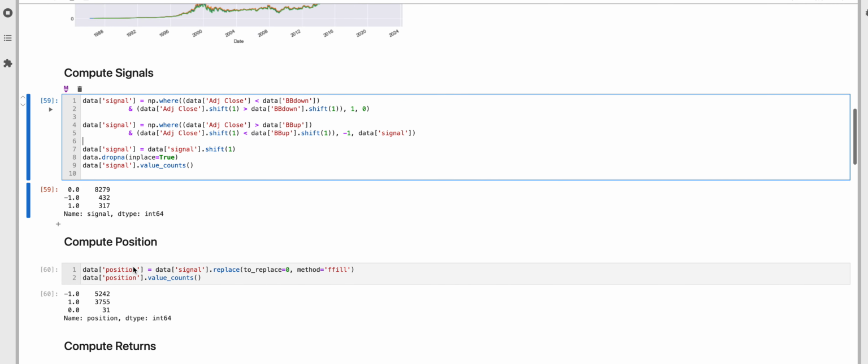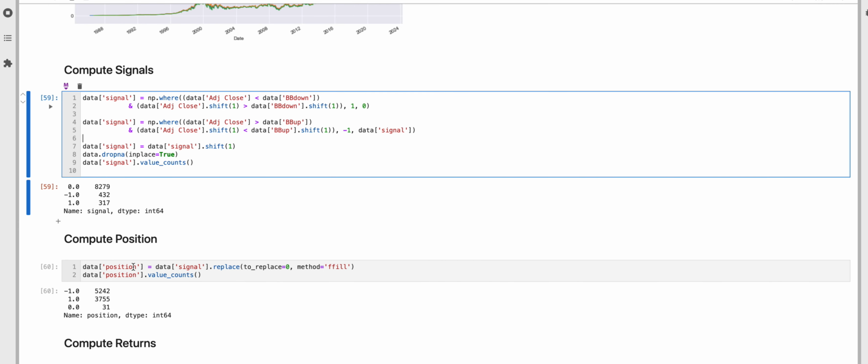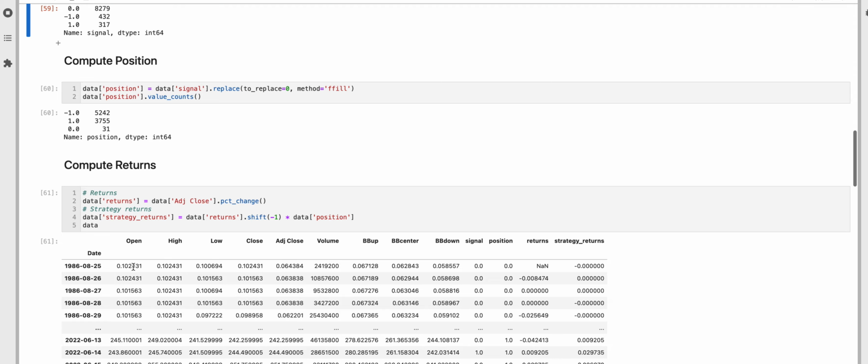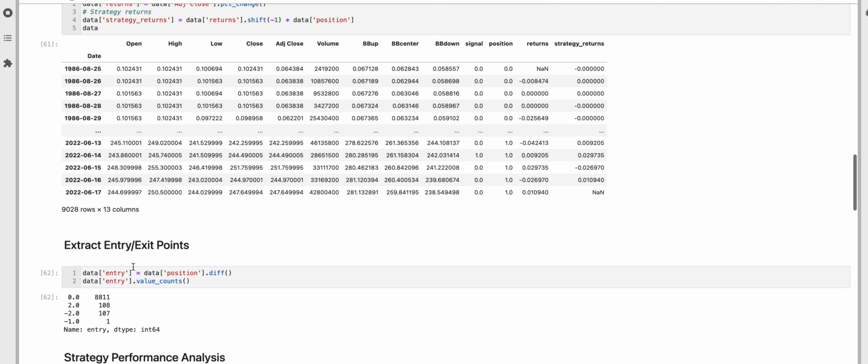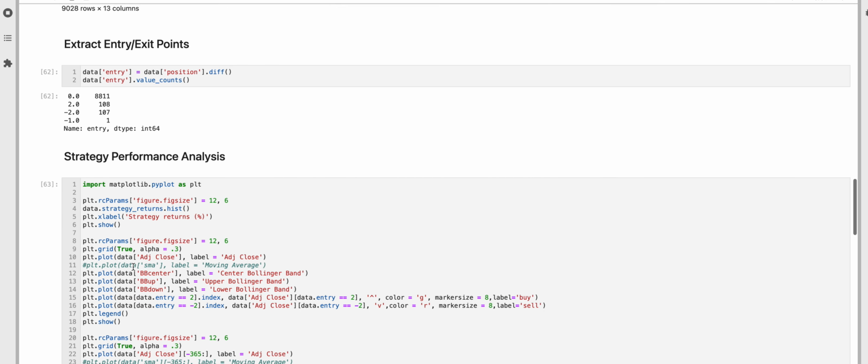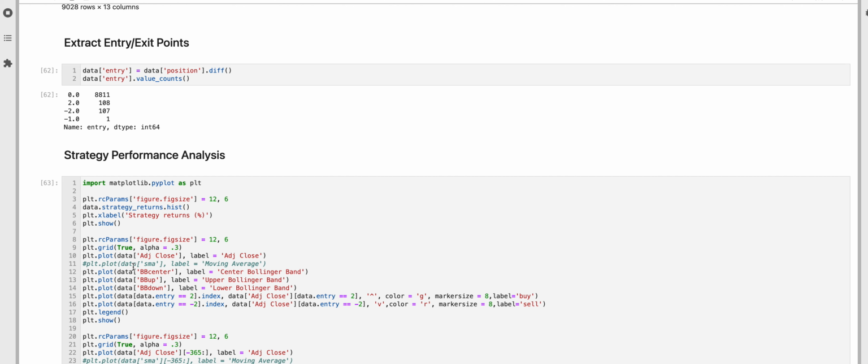Next, we compute the strategy returns and the entry points, similar to the previous video. Let's look at the strategy performance.